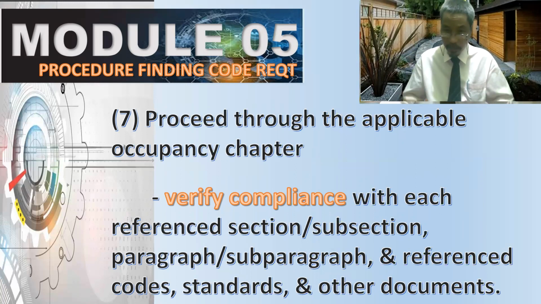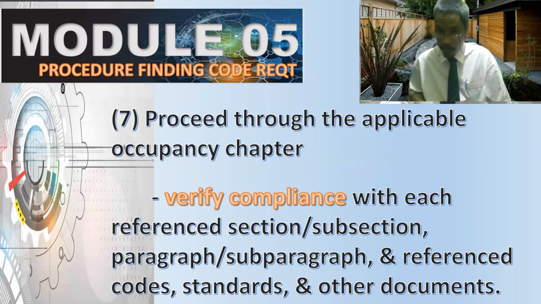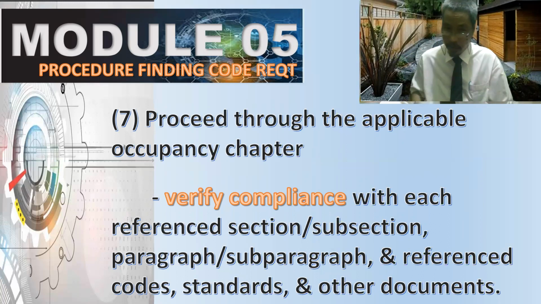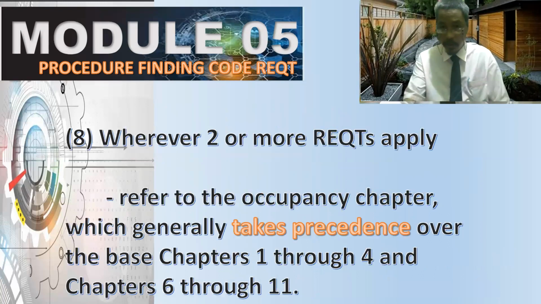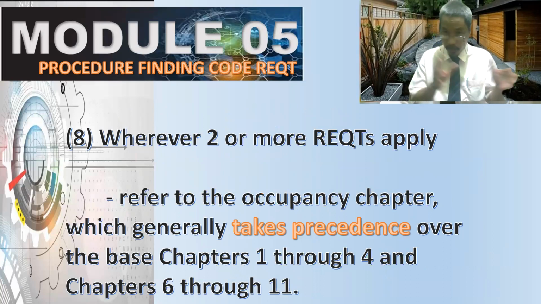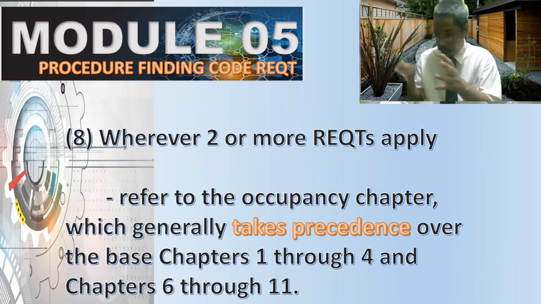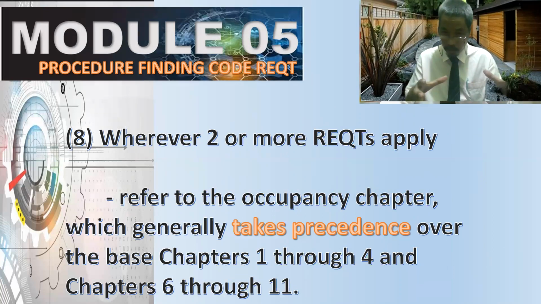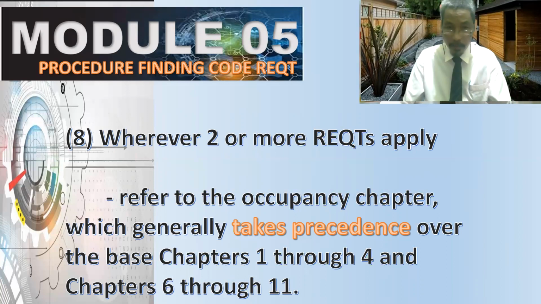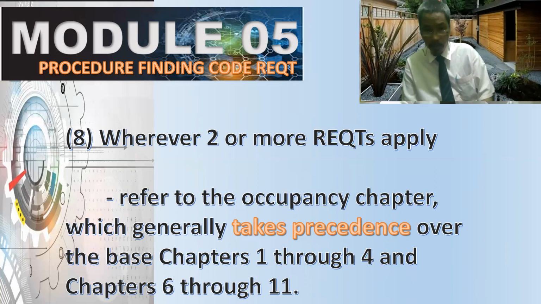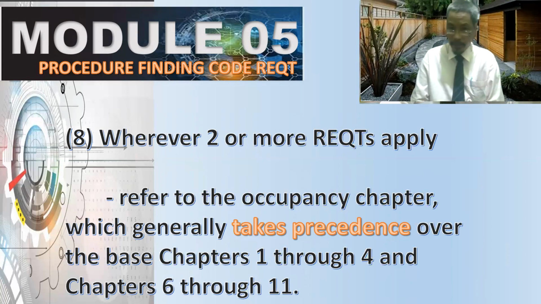We are not just verifying each and every provision right now on step 7, because on number 8, wherever 2 or more requirements apply, so there are 2 or more requirements for each and every section or specific area or specific room, refer to the occupancy chapter, which generally takes precedence over the base chapters 1 to 4 and chapters 6 to 11.